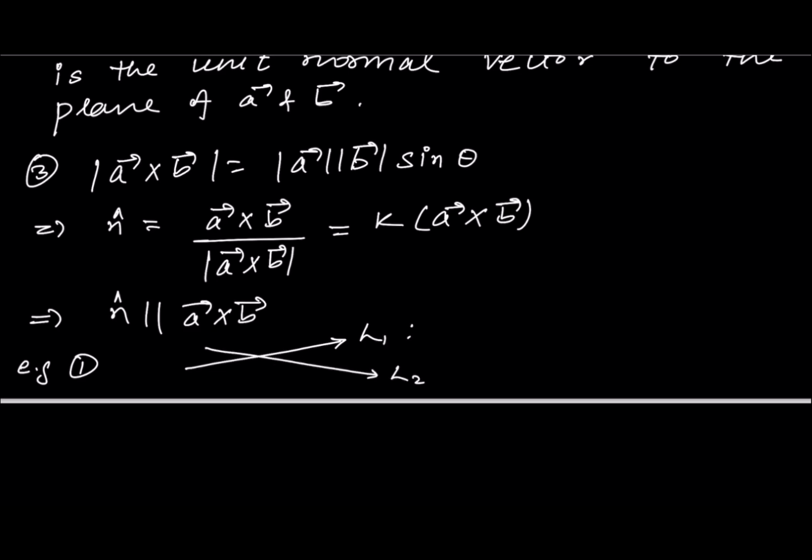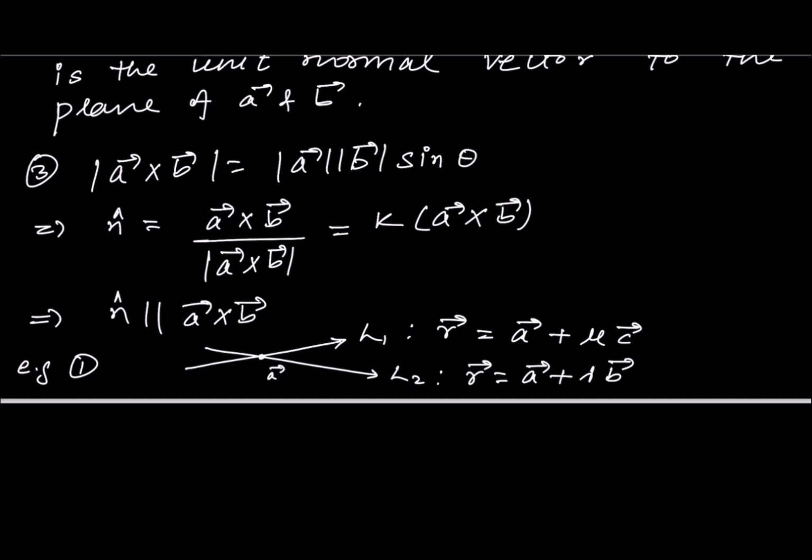L1 is defined as R vector is equal to A vector plus mu times C vector, and L2 is defined as R vector is equal to A vector plus lambda times B vector, where A vector denotes the position vector of the point of intersection of L1 and L2 in a space. Say this is A vector.